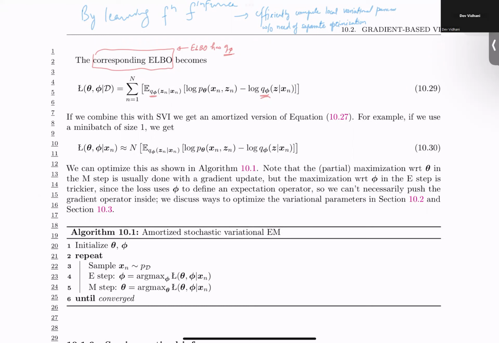Then in the next step, we optimize theta. So we are optimizing for phi in this step; once we have the inference network optimized, we use that to optimize for theta, and we keep repeating that till we converge.